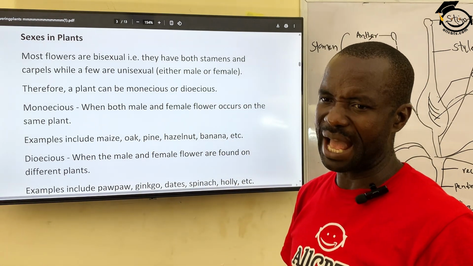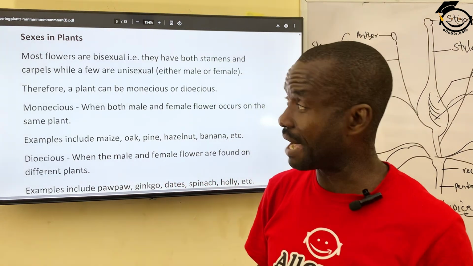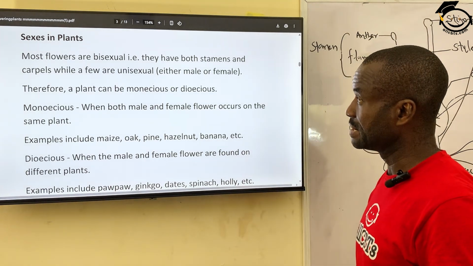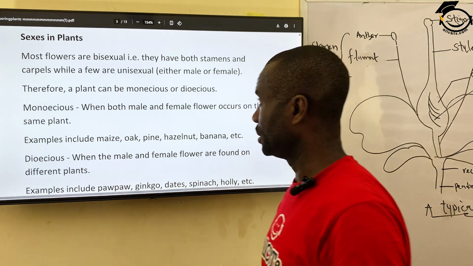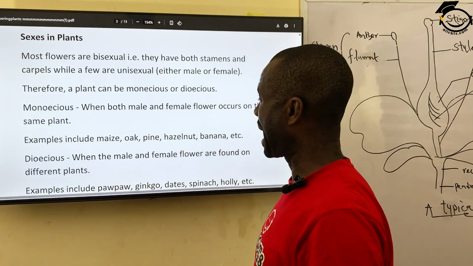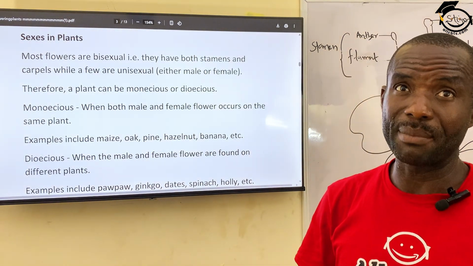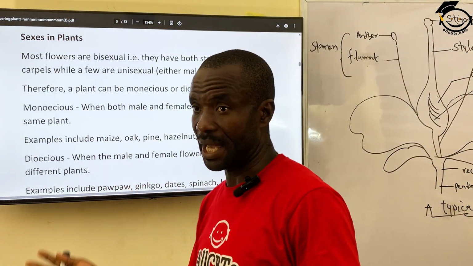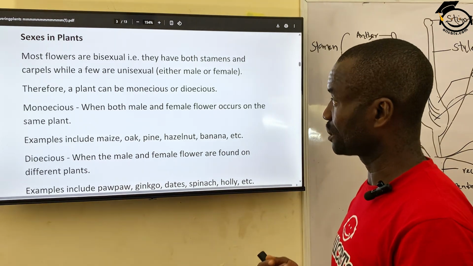Some flowers have the advantage of having both male and female sexual parts. So in flowers, some are bisexual, and some are unisexual, meaning a particular flower may have a male organ separate from another which has a female sexual organ.